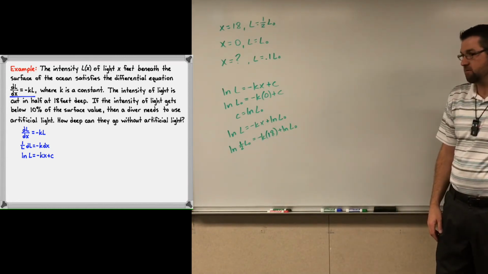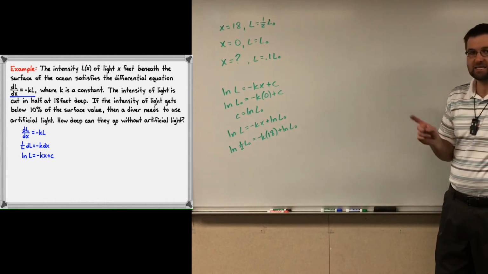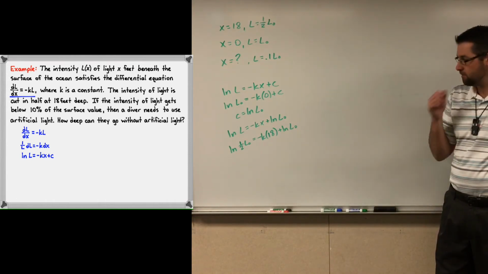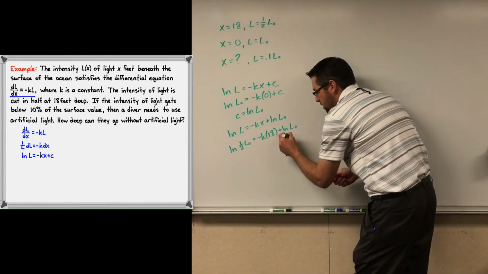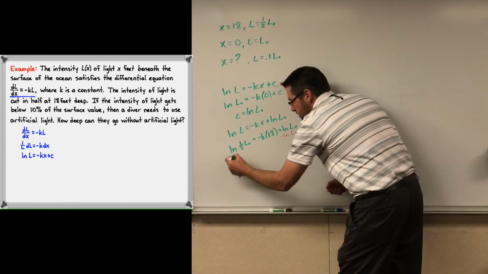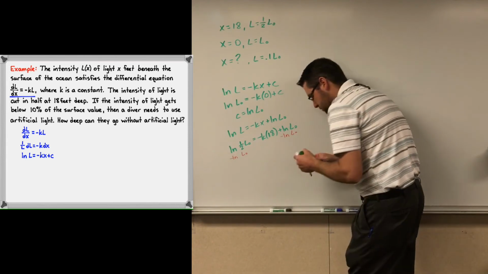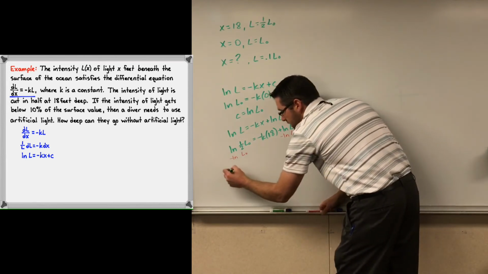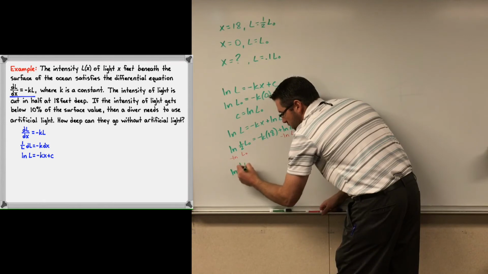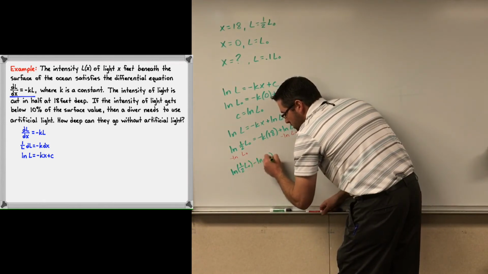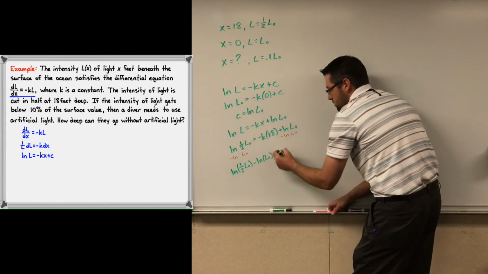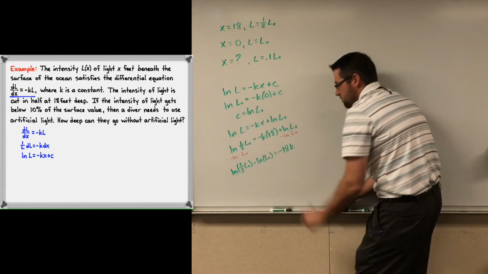Because now how many variables do we have? 2. But I can simplify this. Let's subtract natural log of L0 from both sides. So we get natural log of 1/2 L0 minus natural log of L0 equals negative 18K.